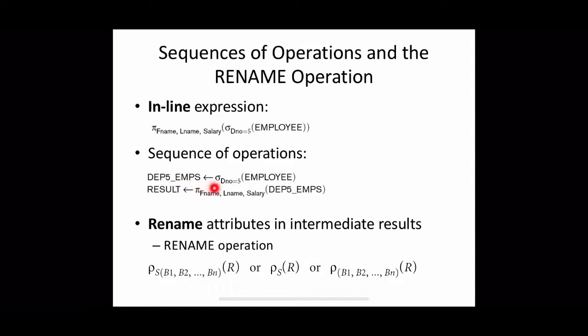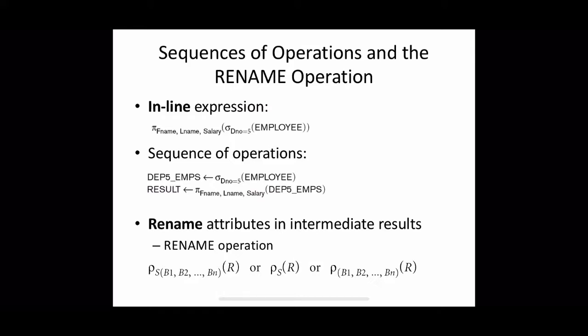Here, first we perform the selection operation, selecting all the employees from department number 5, and then perform the project operation to project the corresponding attributes like first name, last name and salary. In this second case, the sequence of operations, each step results in an intermediate relation, right?